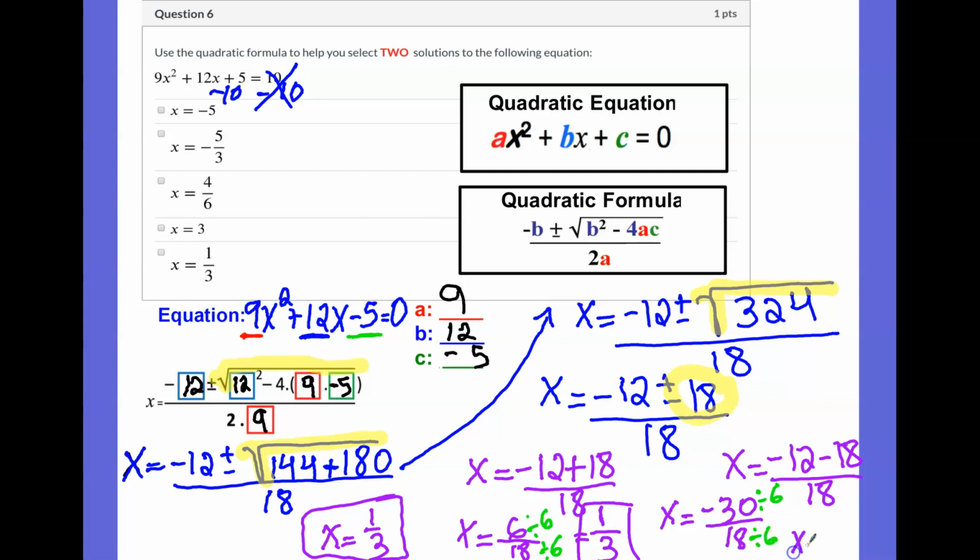Negative 30 divided by 6 is negative 5. 18 divided by 6 is 3. So x equals negative 5 over 3. So we need two answers, and we have our two answers. One answer is x equals 1/3, and the other answer is x equals negative 5 over 3. So those are the two answers.